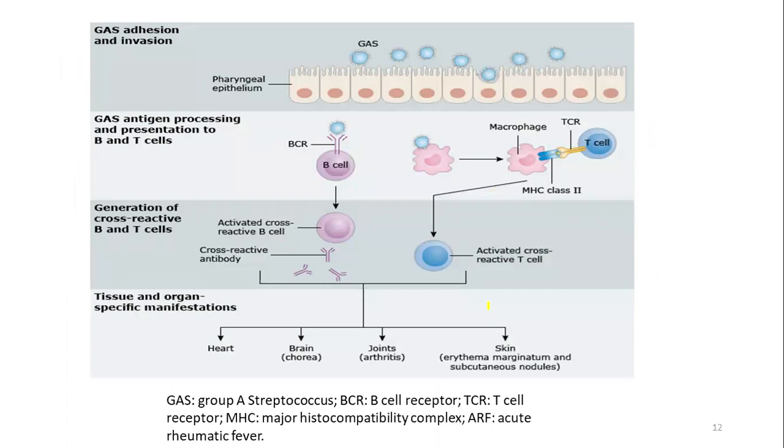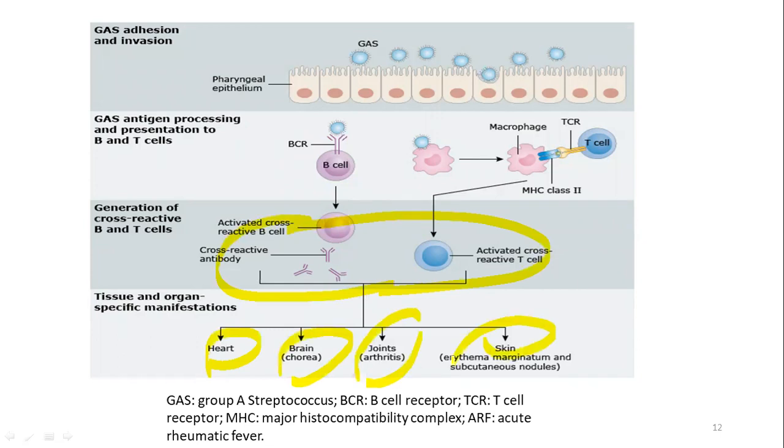So this is normally the summary of the pathogenesis mechanism. So you can see cross-reactivity causes specific destruction to the target organ. So you can see damage to the heart, to the brain, joints, and to the skin.